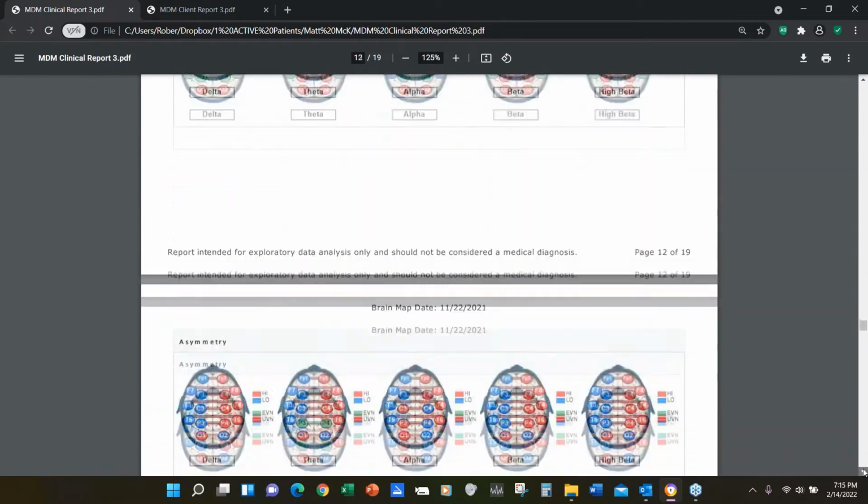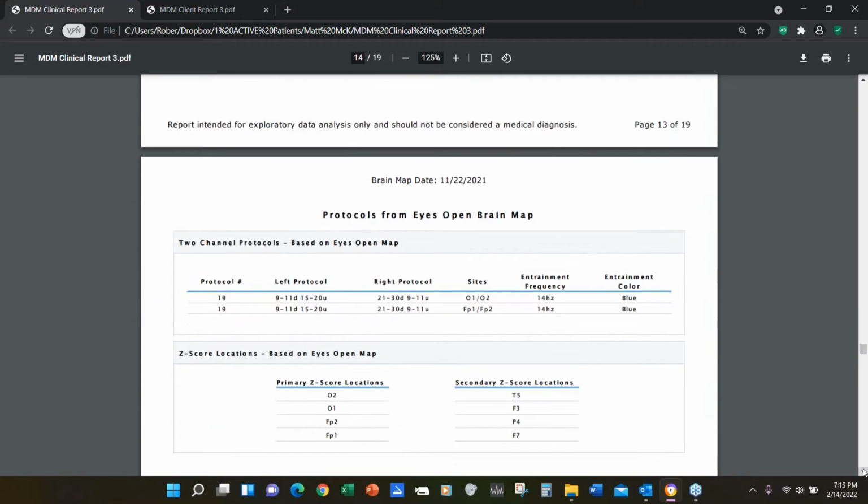It also gives you the primary and secondary z-score sites, which I find terribly helpful because sometimes I want to know what other areas might be secondary problem areas that I want to work with, because I have certain preferences. Same thing with the eyes closed protocols, the 2 protocols that come up from the worst sites.